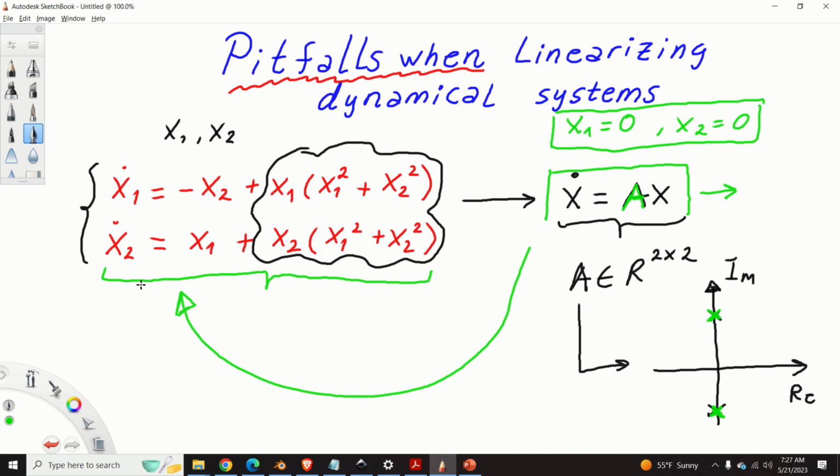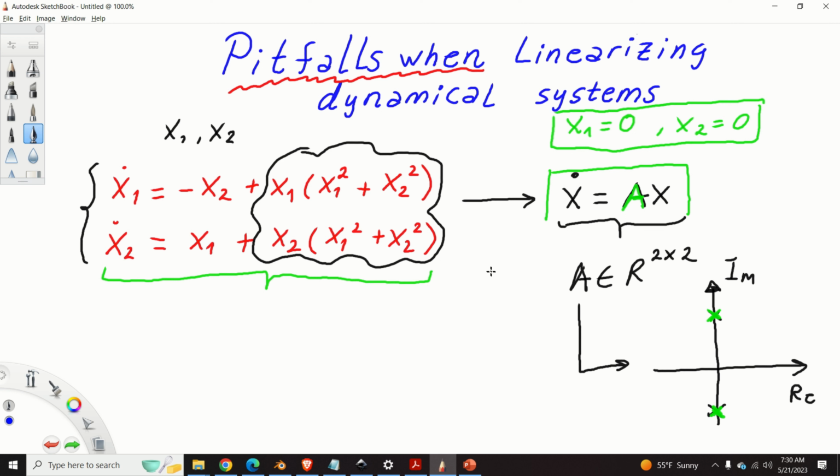Well, this is a wrong and incorrect conclusion. You cannot conclude that. In this case, you cannot draw any conclusions about the stability of the equilibrium point of the nonlinear system by analyzing the stability of the equilibrium point of the linear system.